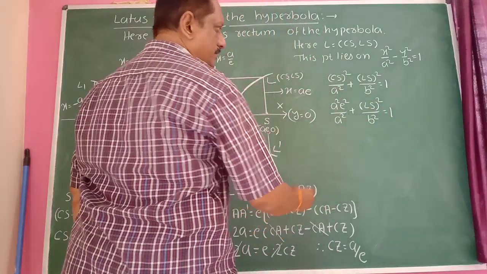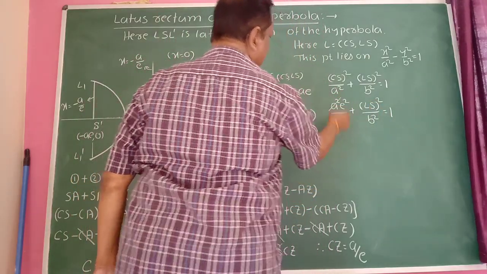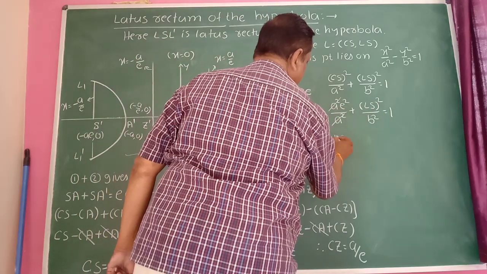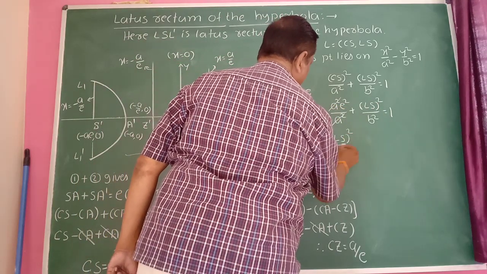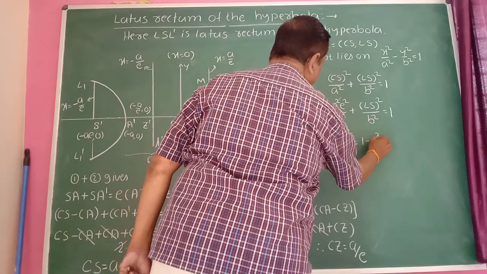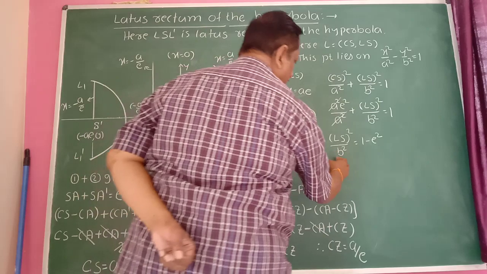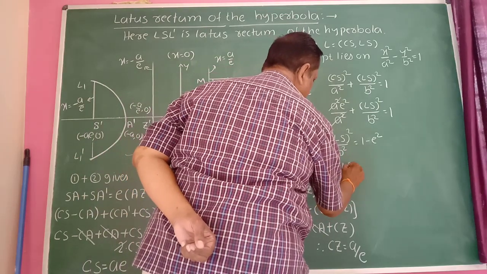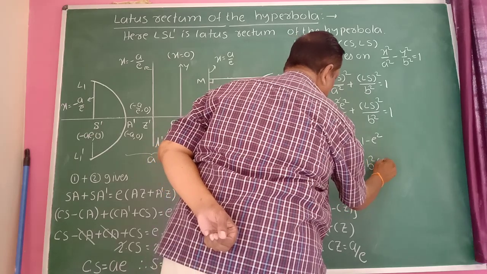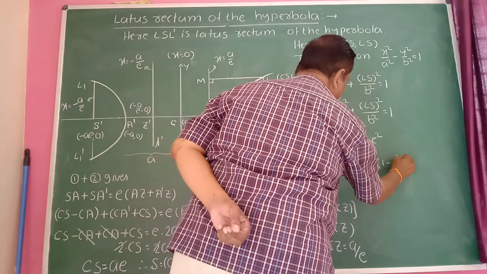Then this a² cancels. Take e² to the right hand side. So LS² divided by b² is equal to 1 minus e², and cross multiplying, LS² is equal to b² into (1 minus e²).